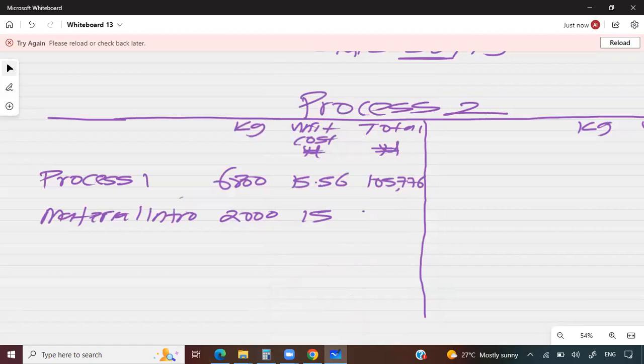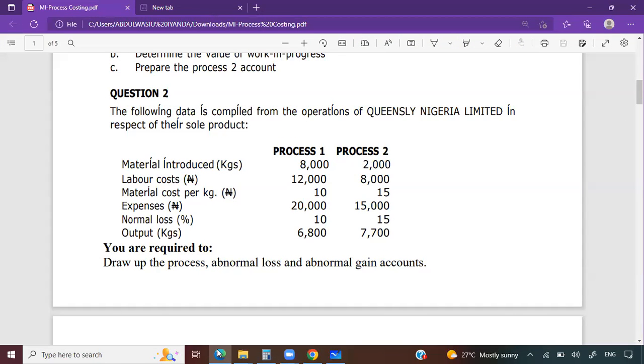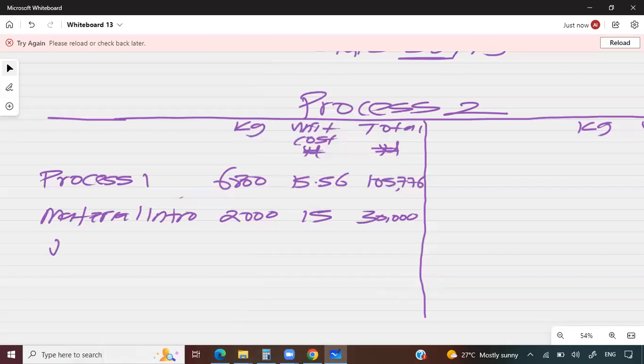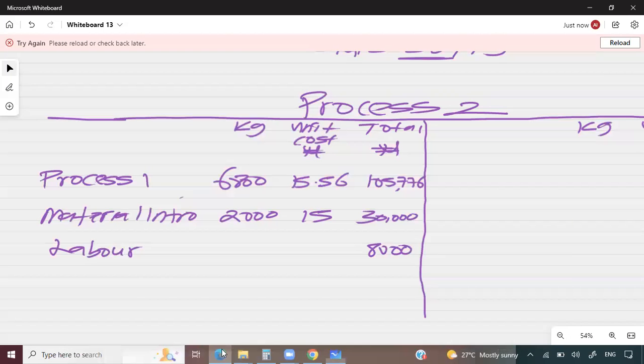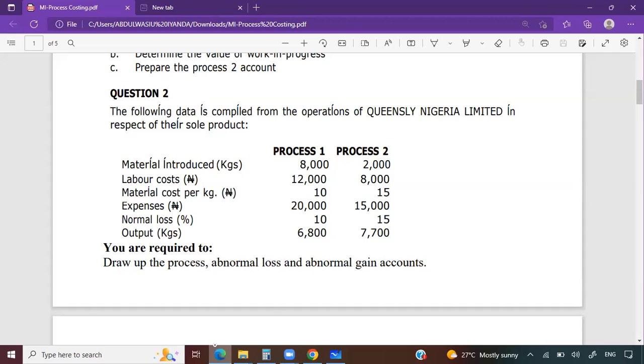That is the total amount. Then we also have labor of 8,000, and we also have expenses of 15,000.